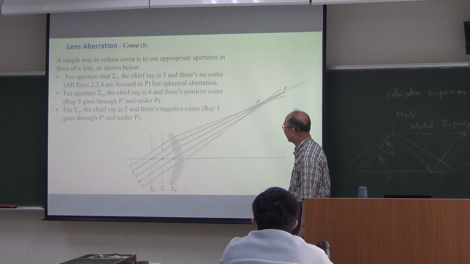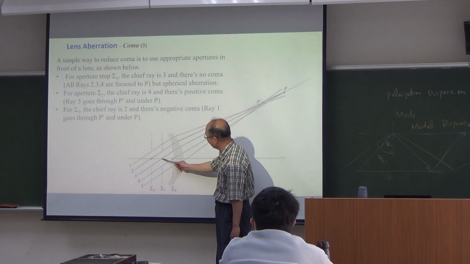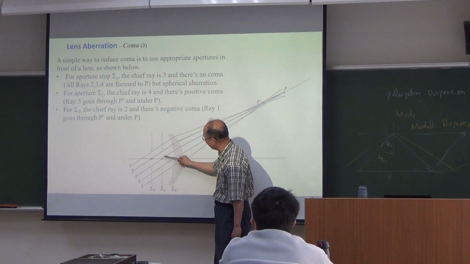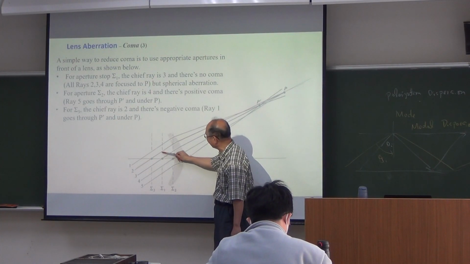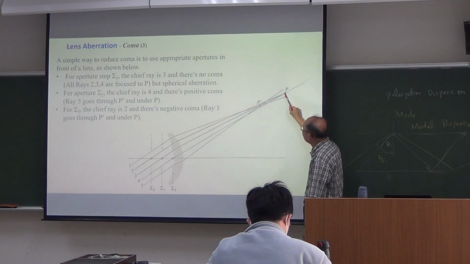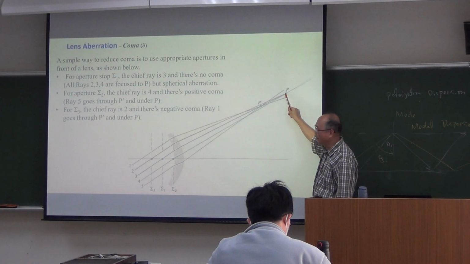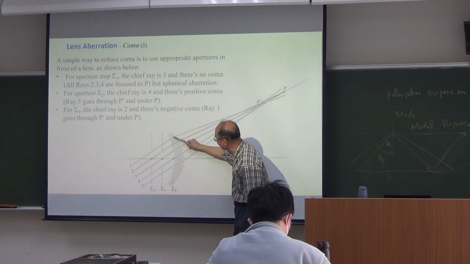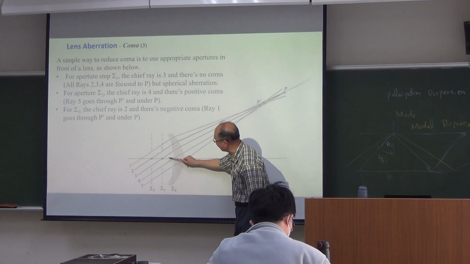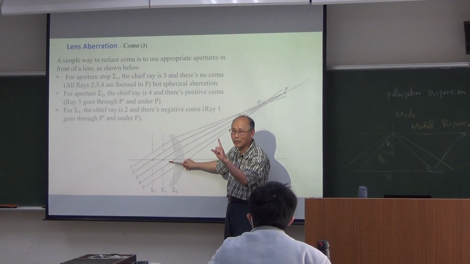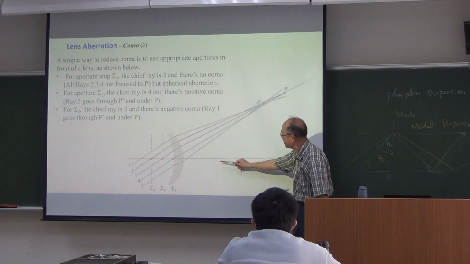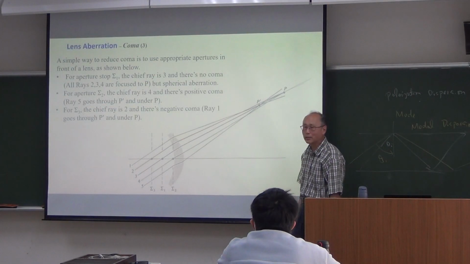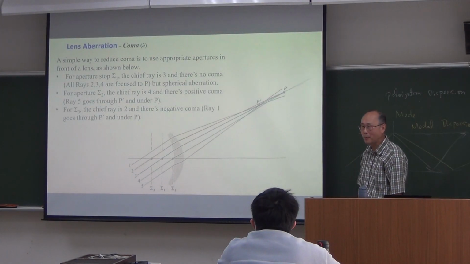The best one, of course, is to just use the aperture of sigma 1. Then these two are symmetric. Therefore, all three rays will go to a single point. If you choose, for example, this aperture, supposedly these three parallel rays will focus to one point, but in fact they focus to two points here and here, and this off-axis ray is going to give you a positive coma.